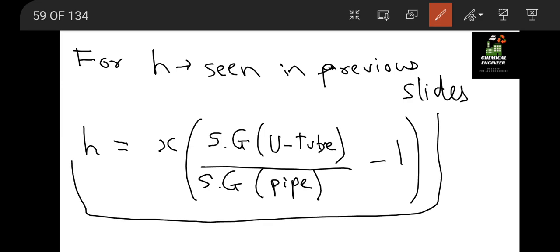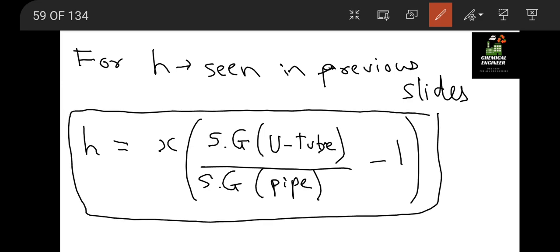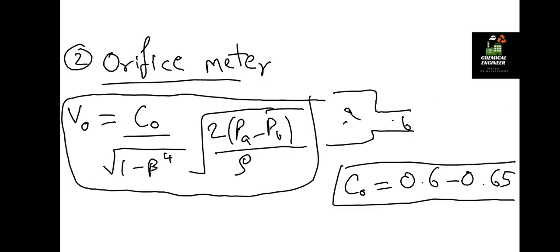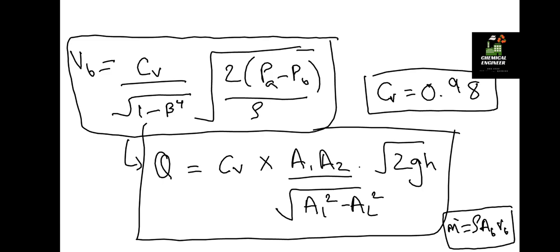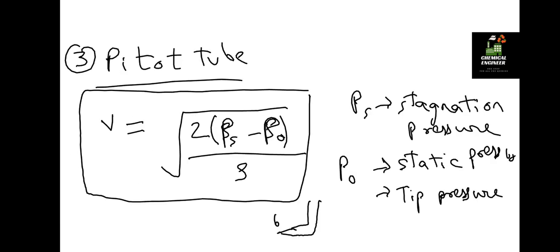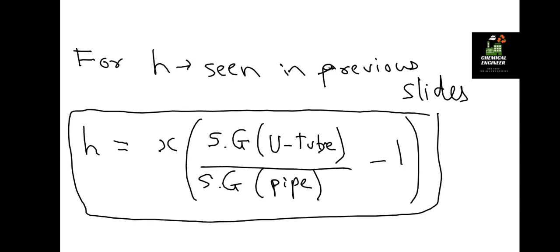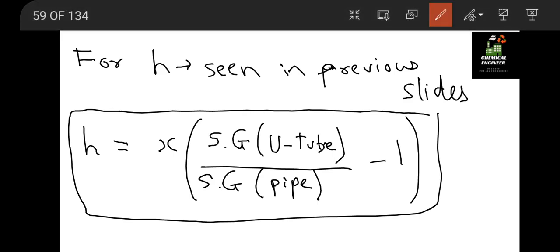So this is how we calculate the H, which is seen in this equation, that is under root 2gh. This H is calculated using that equation. Directly we don't put it as H. Whatever will be given is X in your question.